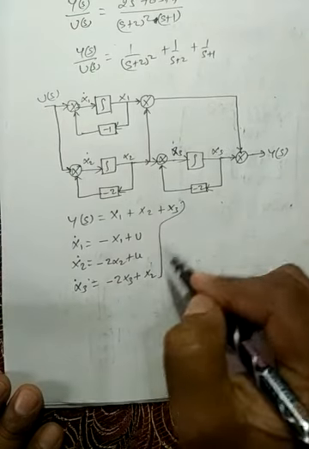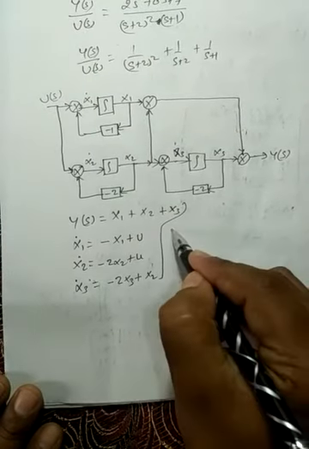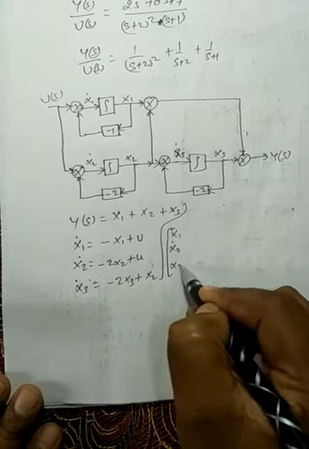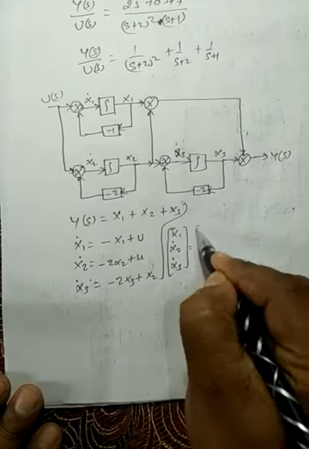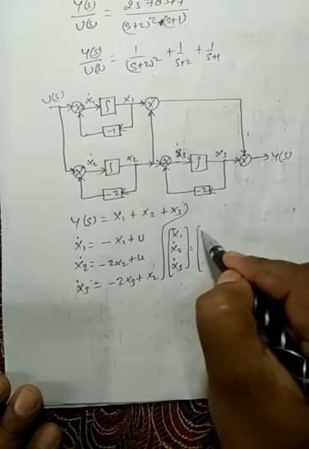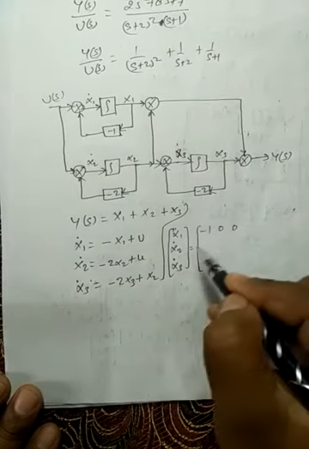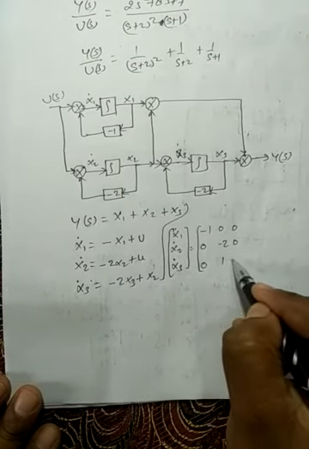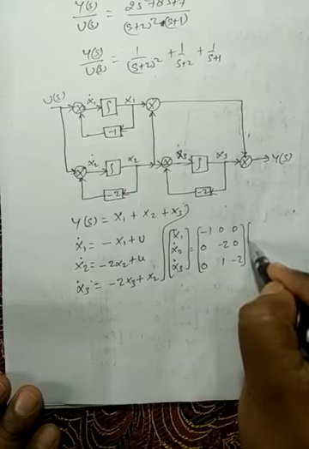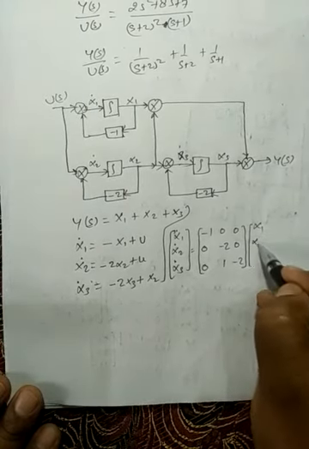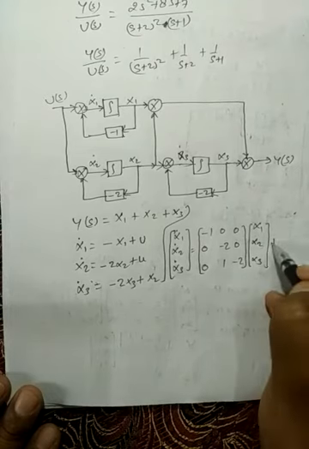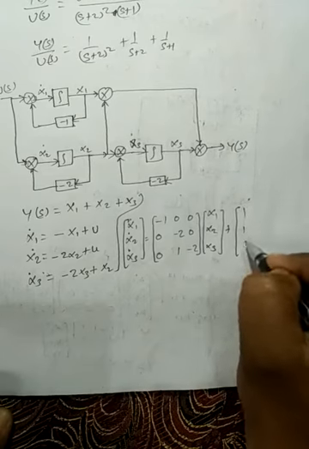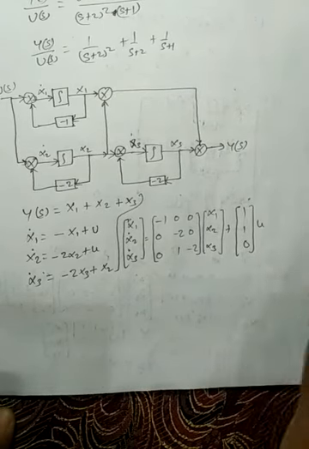So in the matrix form we can write it as [x1 dot, x2 dot, x3 dot] is equal to [-1 0 0; 0 -2 0; 0 1 -2] multiplied by [x1, x2, x3] plus input [1, 1, 0] u.